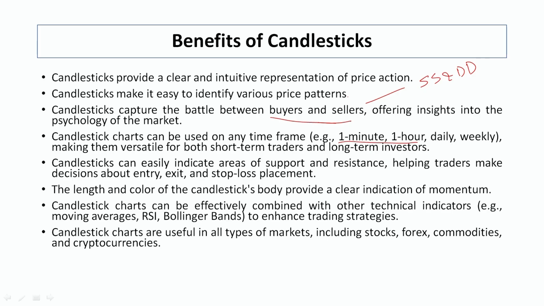It depends upon the technical analyst how he is using these charts for his benefit. So we can combine these techniques together and get a better viewpoint. Candlestick charts are useful in all types of markets, including stock, forex, commodities and cryptocurrency. So we can use it in any type of scenario or any type of financial instrument.